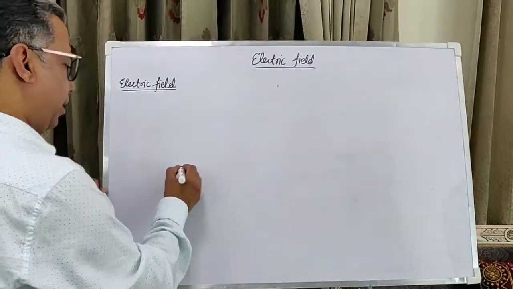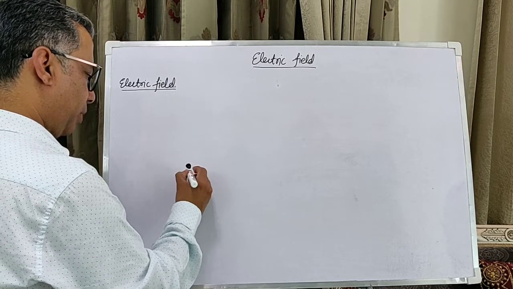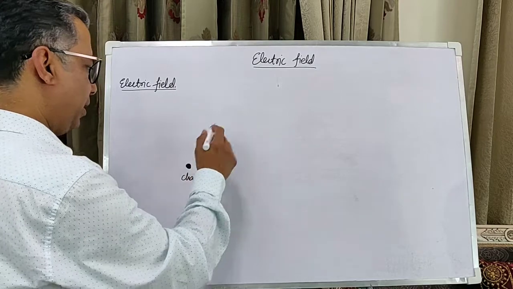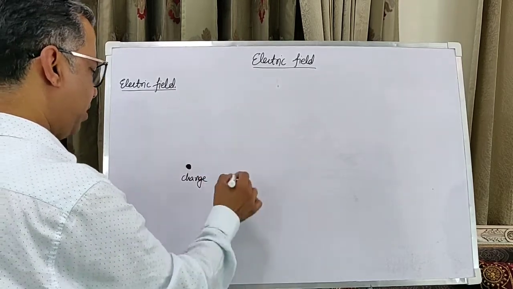It modifies the space around it. And the space actually gets modified in such a way that any other charge brought inside this space experiences a force. So for instance, if we have a charged particle or a charged body here, in some way it modifies the space around it.